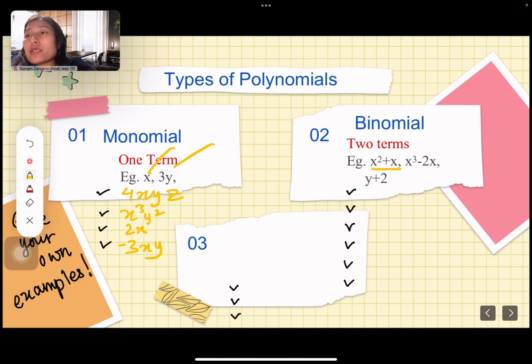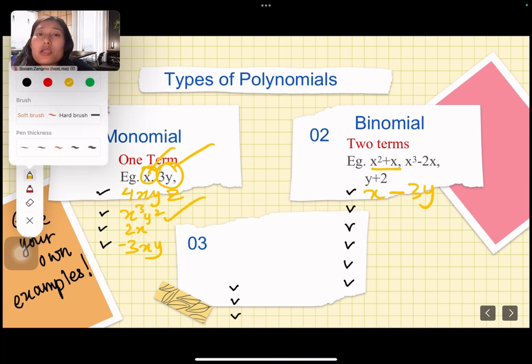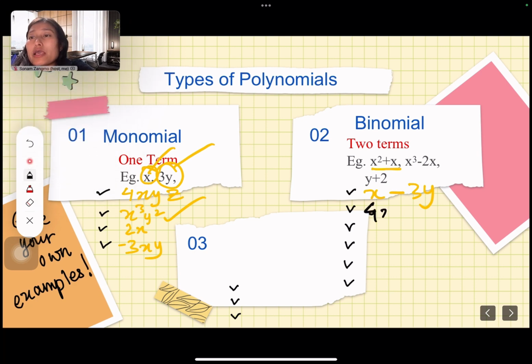So for example, x squared plus x. I pick this x, one monomial, separate it by using an addition or subtraction, and then pick another monomial, so this becomes a binomial. I can do the same thing. So I have here 4xyz plus x cubed y squared.